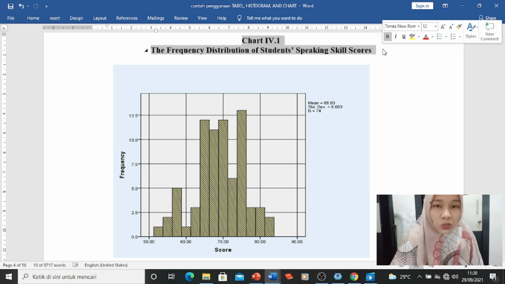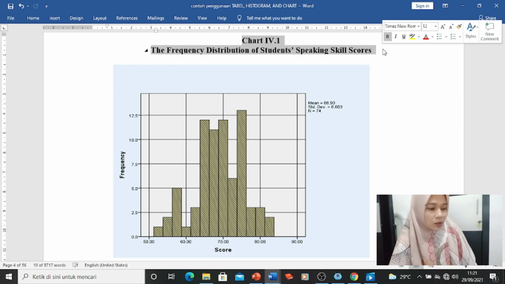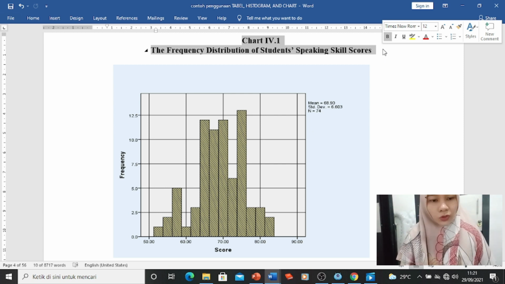So please make sure that you inform your listeners and your readers what the chart is about. And the name should represent the real information, or the suitable information, that you are going to inform them through the chart. I'm sorry, I have to repeat that again and again.